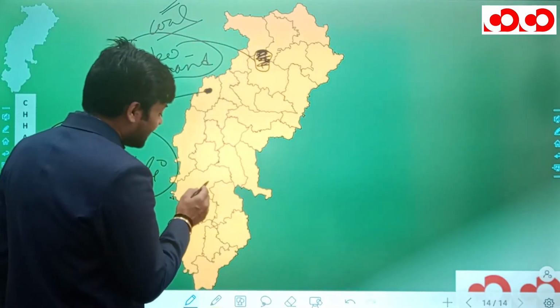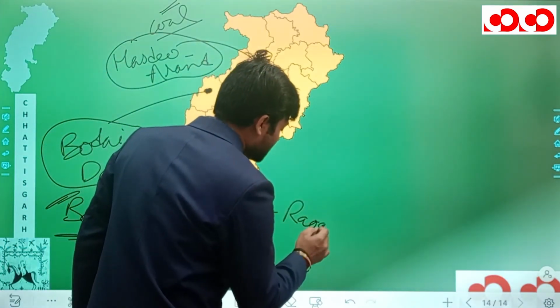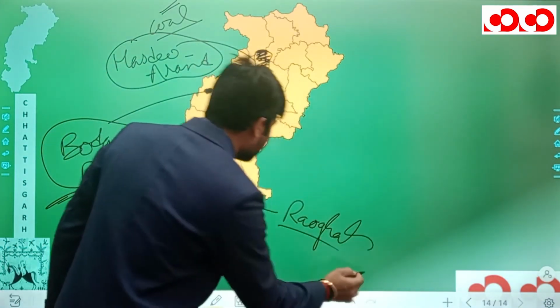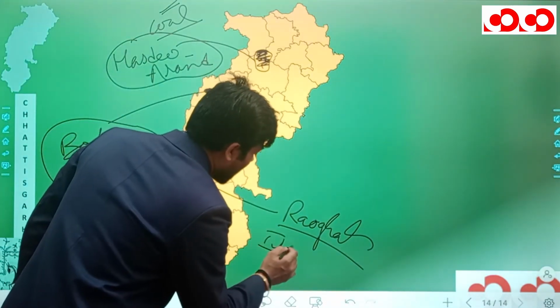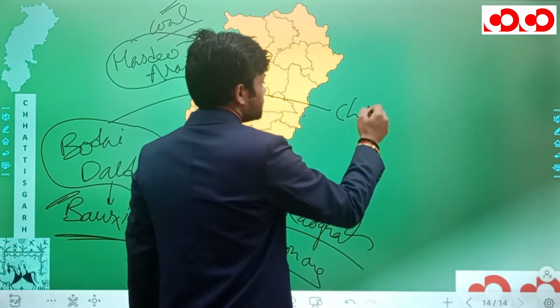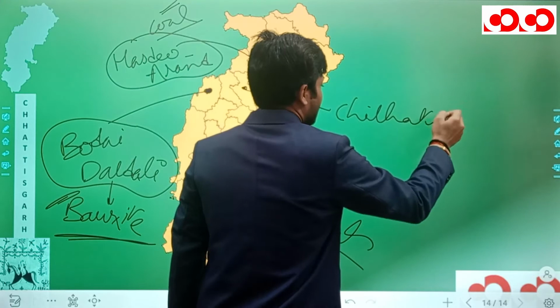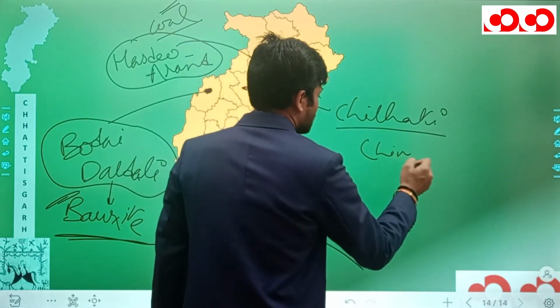Regarding Rao Ghat, I have already told you that this Rao Ghat is actually situated in the Kanker district, and it is related to iron ore. And regarding Chilhati, I have already told you that it is situated in the Bilaspur district and it is related to limestone.